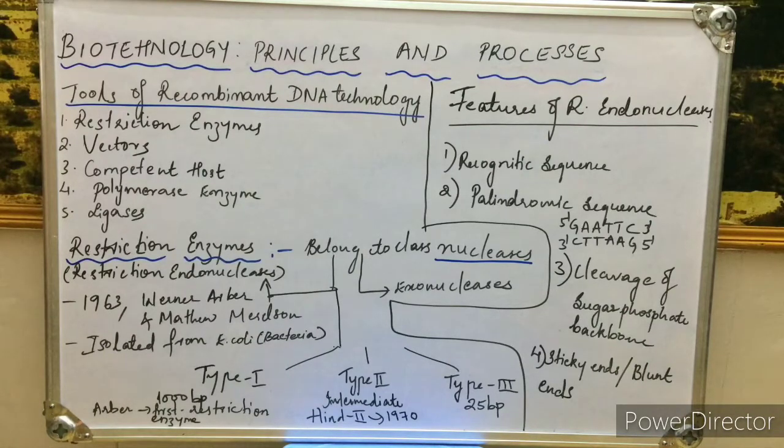We have seen how gene cloning has taken place, that was created by Herbert Boyer. Now we are going to see how this recombinant DNA technology is performed, or what things are required for it.